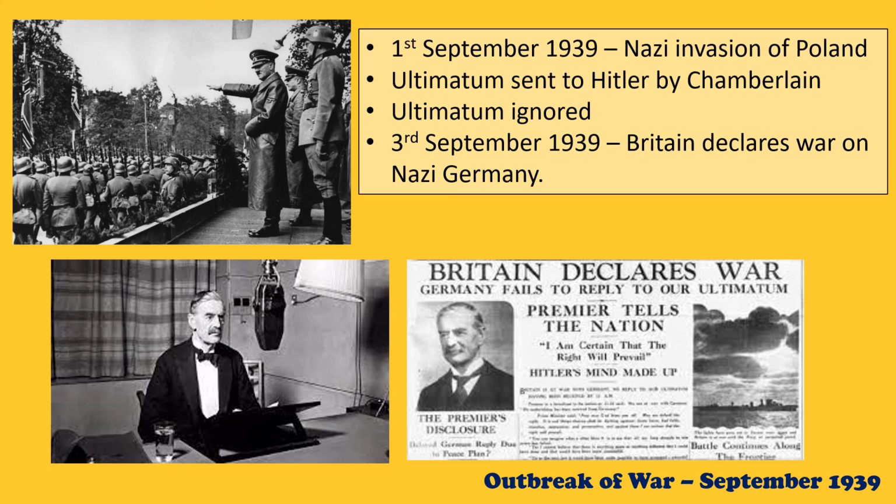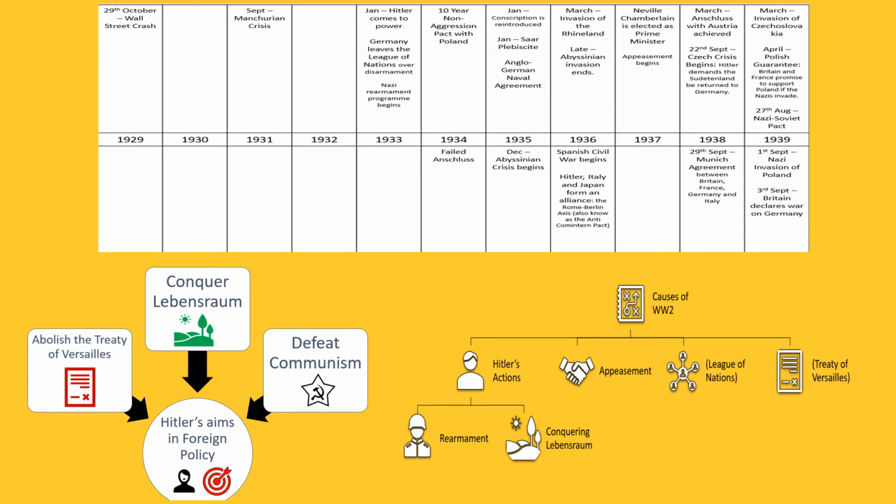This is where our study of the causes of World War II comes to an end. And that's a great moment for us just to have a quick recap from this little screen here, which I would have originally shared with you in my first video, which had that overview of the causes of the war along with Hitler's aims and his foreign policy.